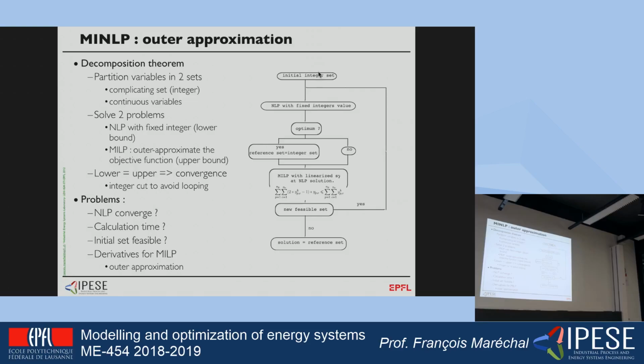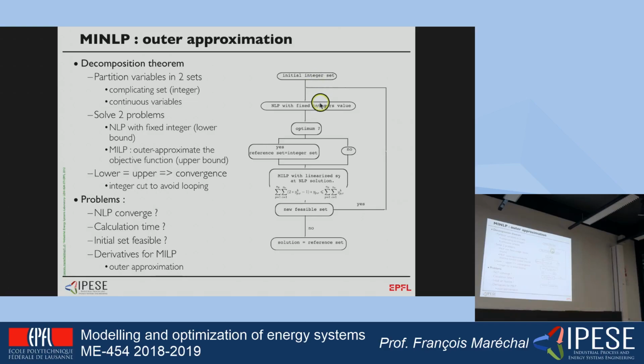In your case, select the technologies that are in the list. You pre-select which ones are in the list. Now you fix the integer variables and then you solve the nonlinear programming problem. So you calculate the optimal operating pressure of the heat pumps, for example, or the best heat exchange area of the heat recovery heat exchangers, for a fixed value of the pre-selected systems.